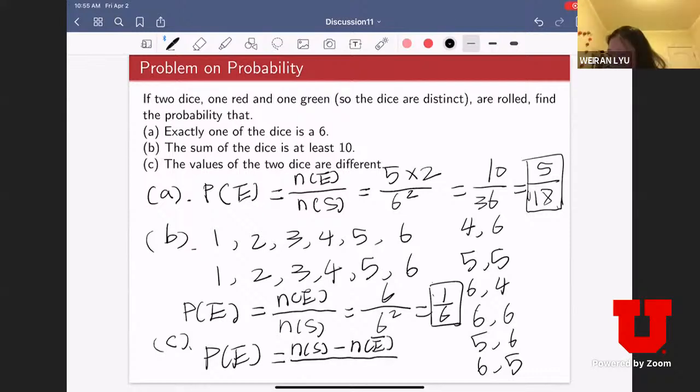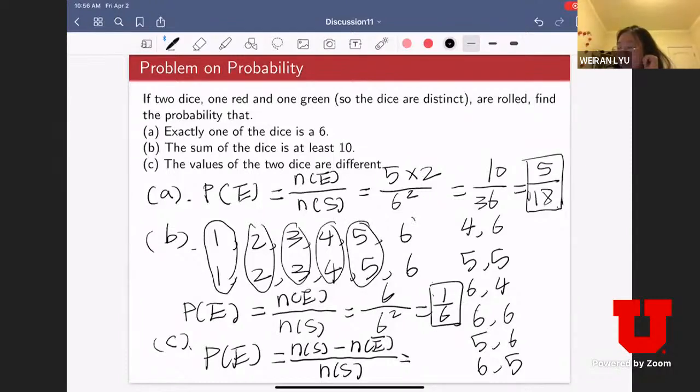So let's use the complement here. We have n of S minus n of the complement of the event, over the sample space. The complement of the event should just be whatever you get, the same number for those two dice, which are 1,1, 2,2, 3,3, 4,4, 5,5, and 6,6.